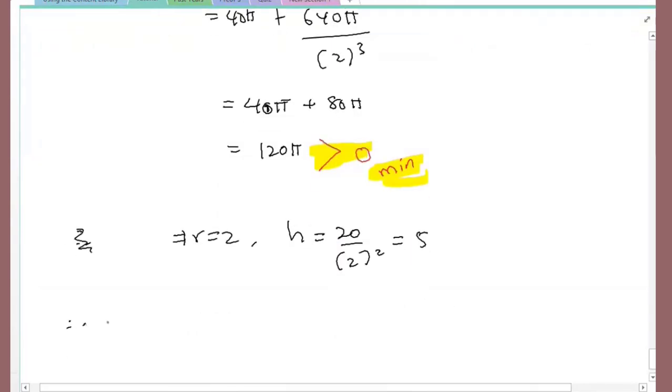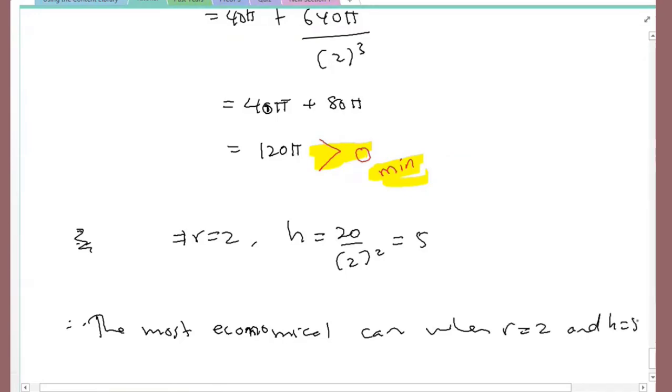Okay, and then therefore the most economical, okay, when R is equal to 2 and H is equal to 5.